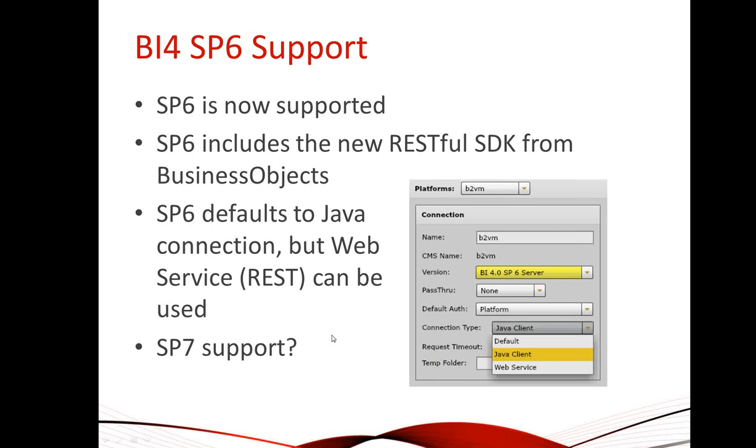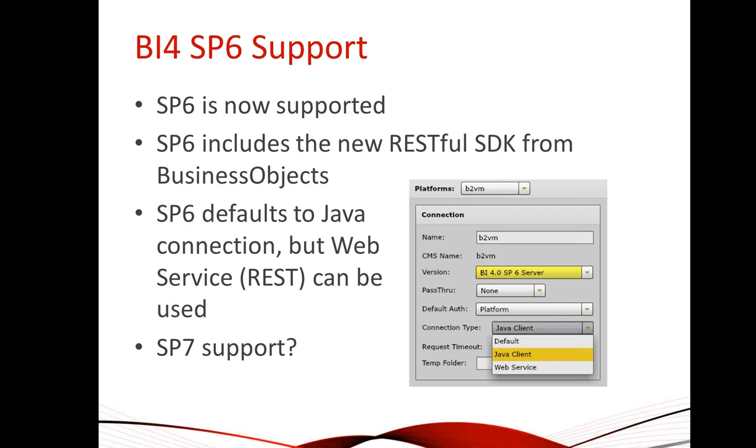A bit of a timing issue there. We were just a few weeks from releasing the general release of 122 when SP7 was released. Now, normally, we like to have a bit of time to do testing to ensure that these new service packs don't adversely affect the SDK that we use. But we know we have a couple of users that are eager to get onto SP7.